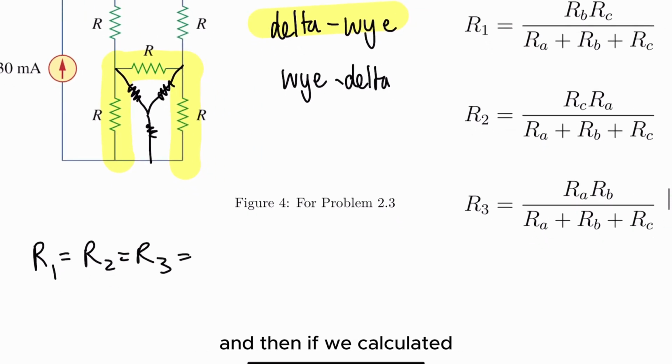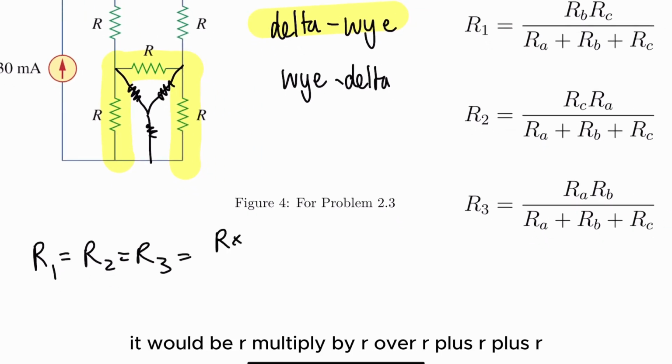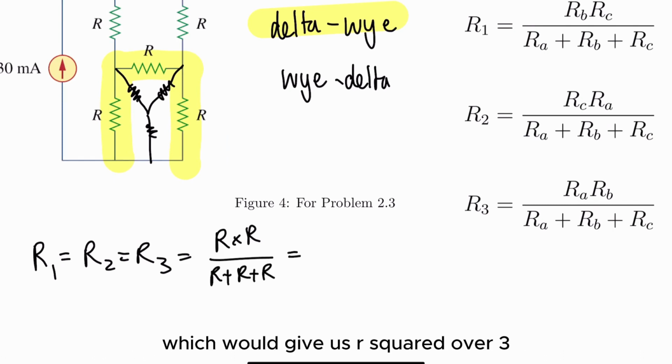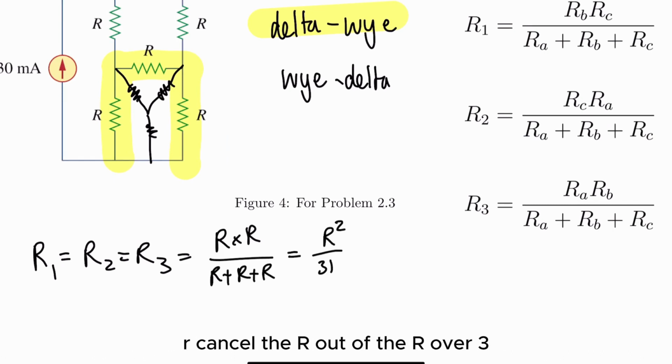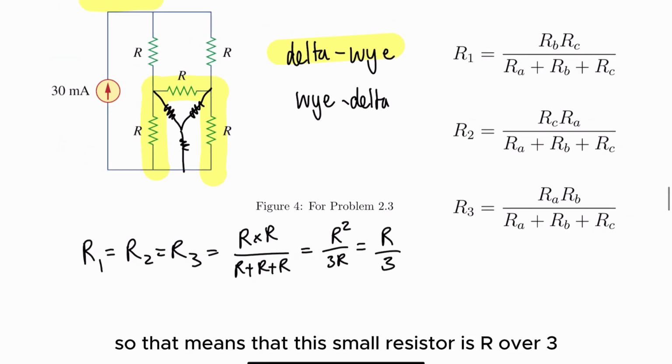If we calculate it, it would be R multiplied by R over R plus R plus R, which gives us R squared over 3R. Cancel the R out, and we get R over 3. So that means this small resistor is R over 3.